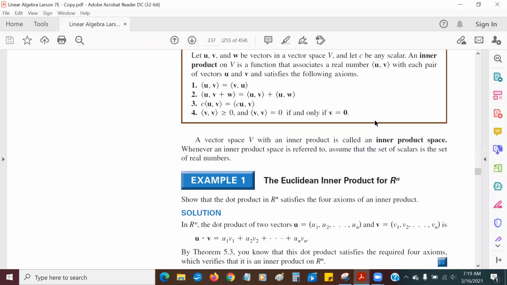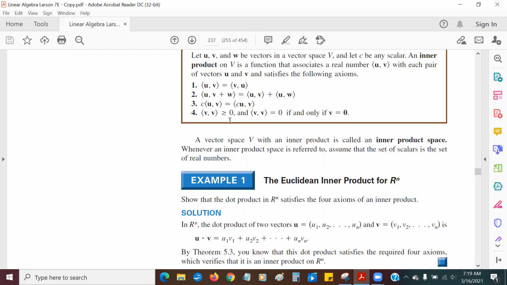With 5.3, that pretty much covers everything that we wanted. We have this u comma v equals v comma u. We have this u comma v plus w, which is kind of a distributive deal: u comma v plus w is u comma v plus u comma w. c times u comma v is cu comma v, and v comma v is greater than or equal to 0.